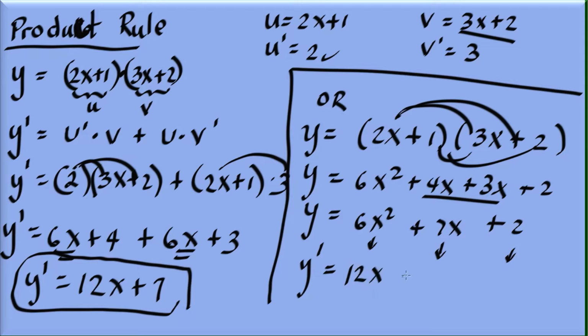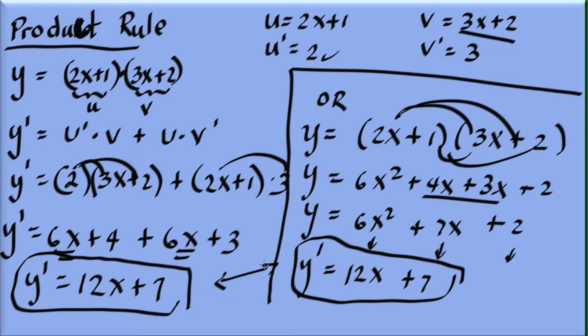So that's 12x plus 7, and this 2 is constant, so its derivative is 0. So either way is fine. You can use the product rule, or you can use algebra to rename it, and then use the power rule to get the derivative.